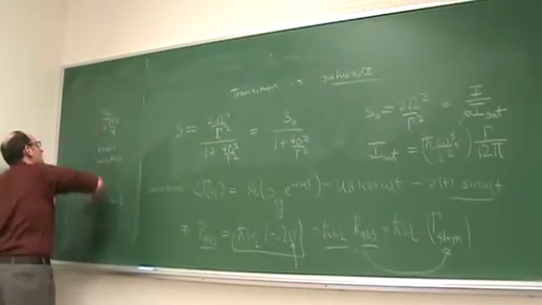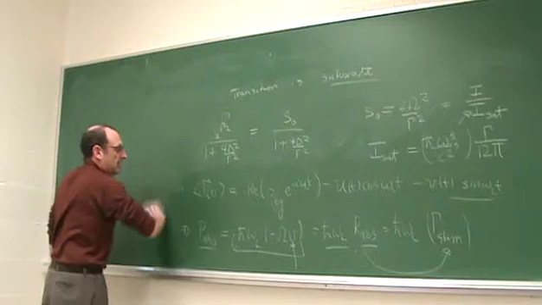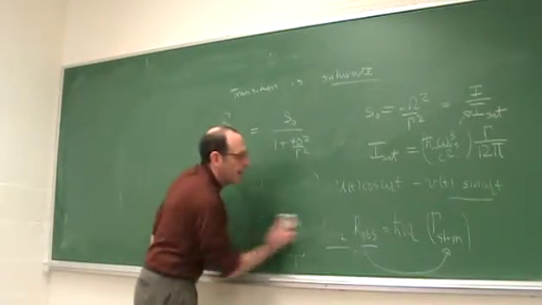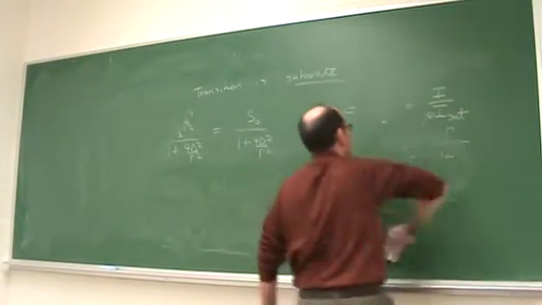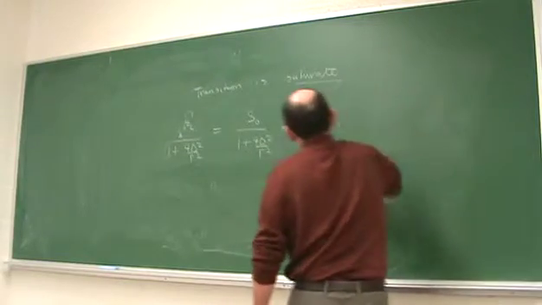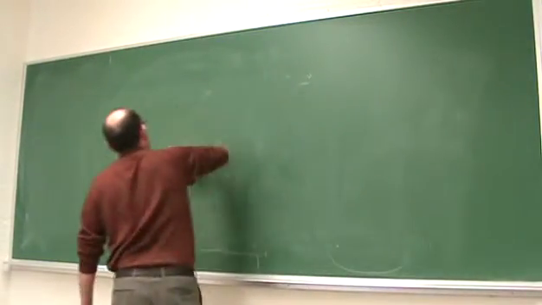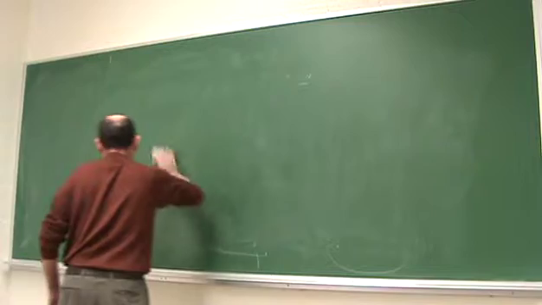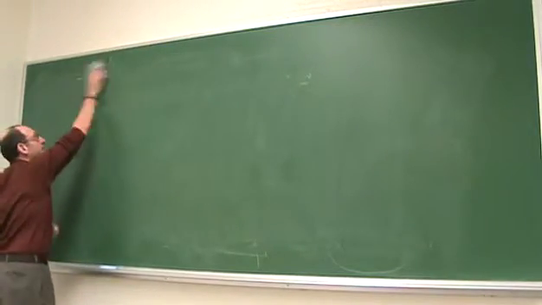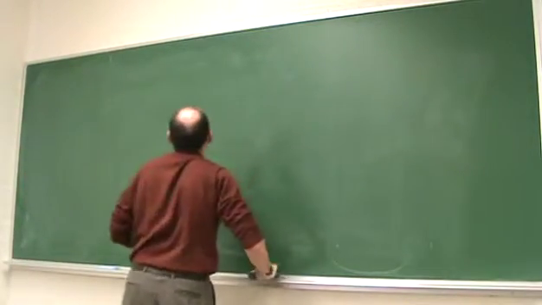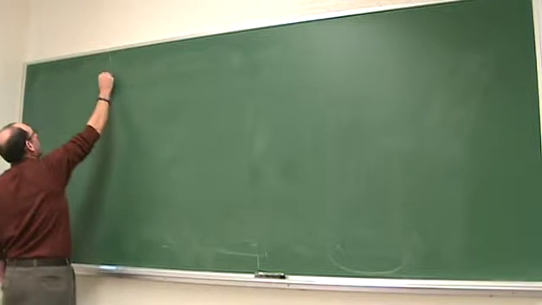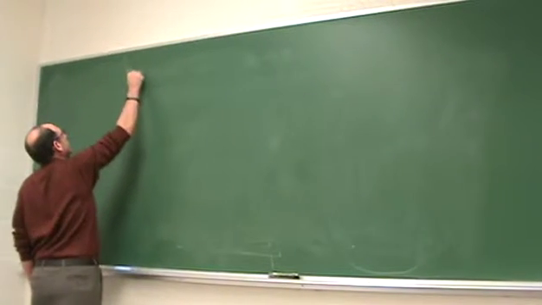There's one last idea that I want to emphasize here in the very basics of the interaction of two-level atoms with light and the absorption emission, and that's the notion of photon scattering.